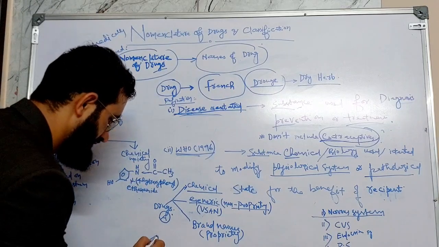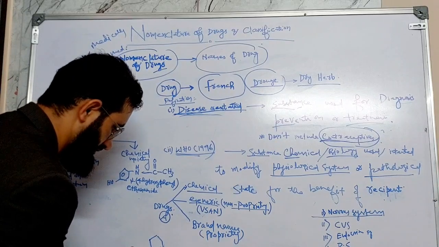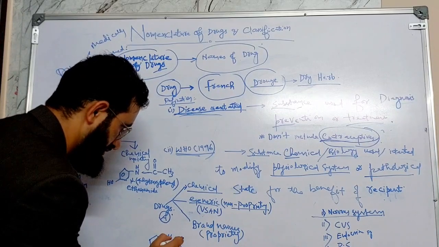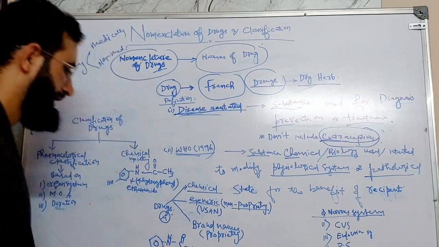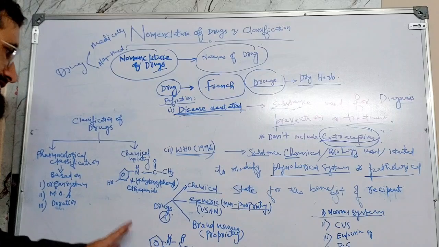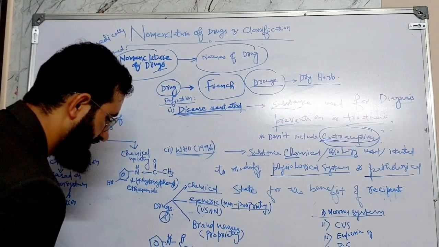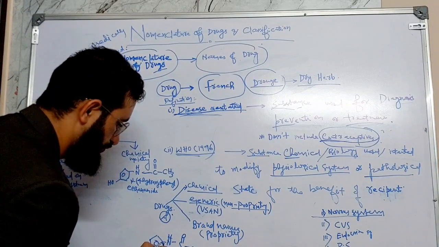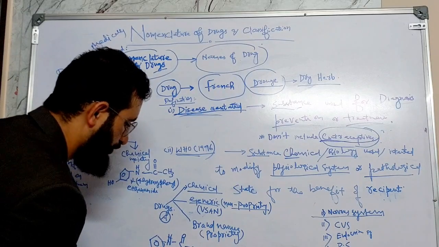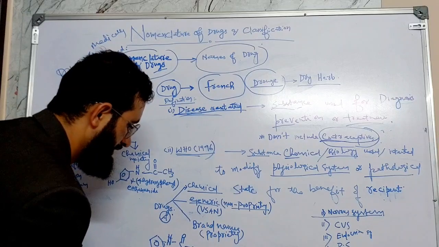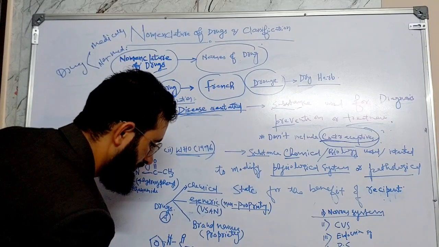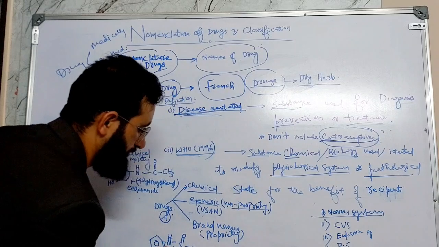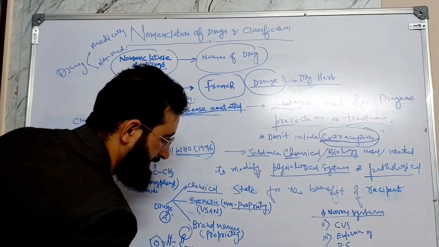Here I will write once again. If you give the IUPAC name of this structure, it is N-(4-hydroxyphenyl)ethanamide, because it has 2 carbons, ethane, and this is the amide group, ethanamide.